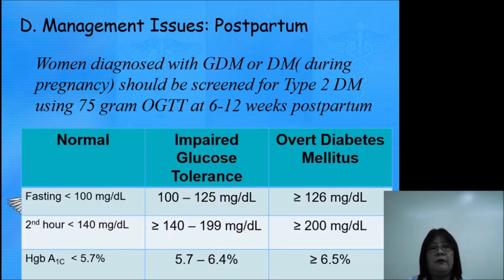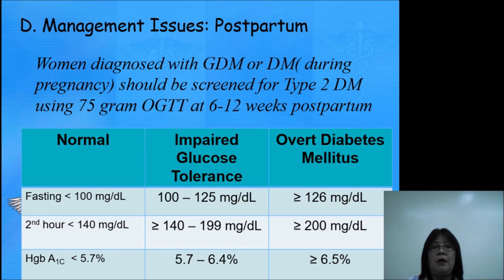So, fasting of less than 100, second hour of less than 140, hemoglobin A1C of less than 5.7 will mean that your patient is normal.